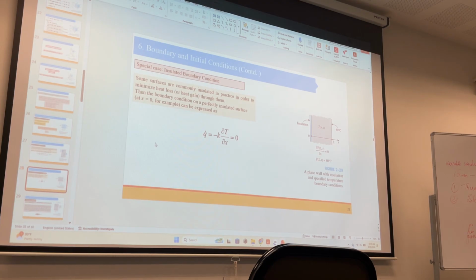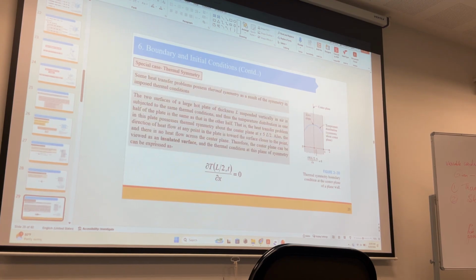Thermal symmetry. If you are studying heat transfer in an object which has thermal symmetry, say you have this type of window, which is very thick and has thermal symmetry, the temperature on this side and this side is going to be the same.